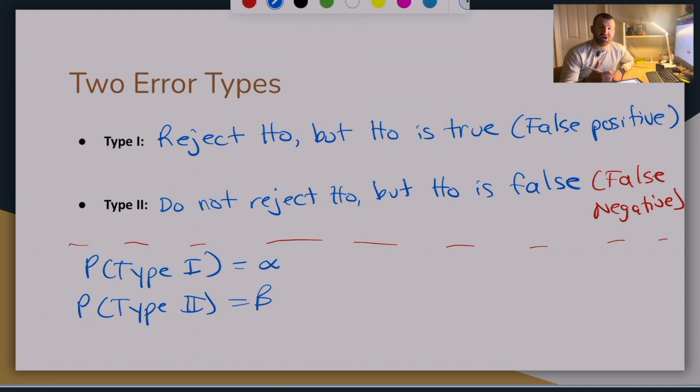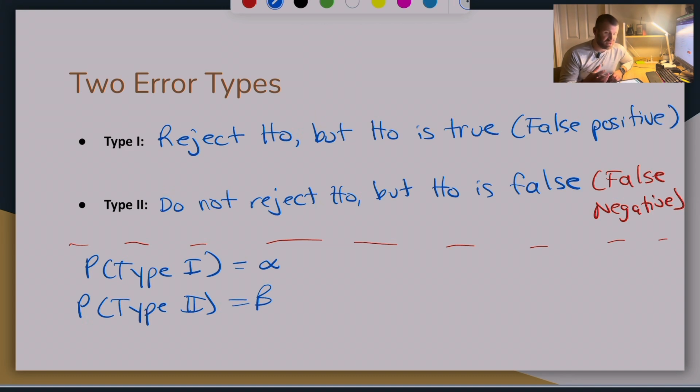Depending on which error type has a worse consequence will also affect how you set your significance level. If a type 1 is worse, I'm going to make my significance level really, really small, so that if I reject my null hypothesis, I'm very sure that I did so correctly. If a type 2 error is worse, I'm going to make my significance level really large, like 0.1, so I reduce the chance of not rejecting when I should in the first place.